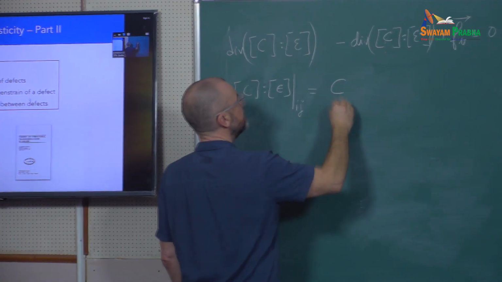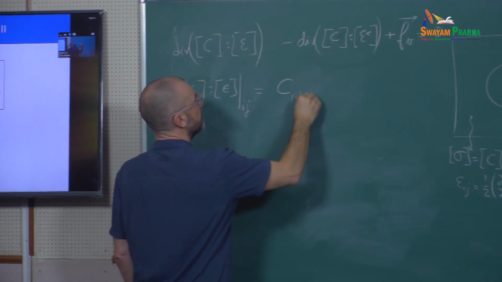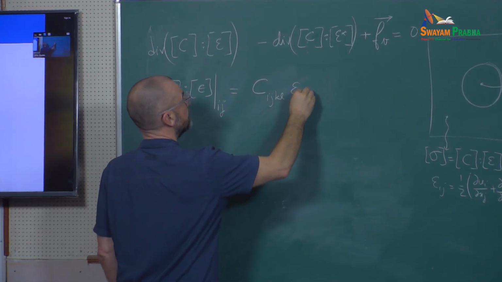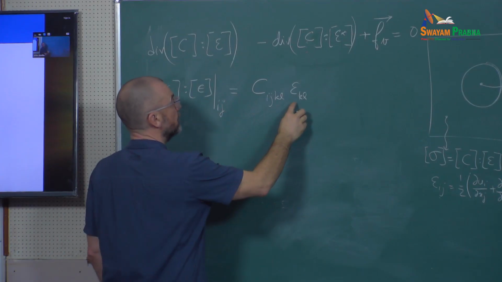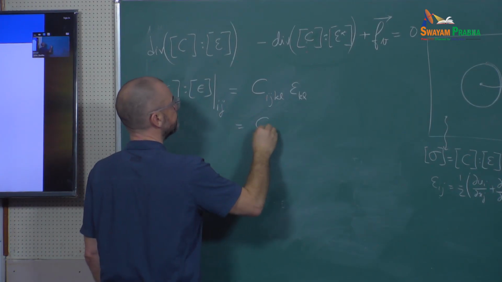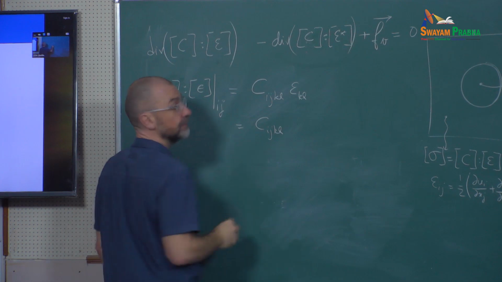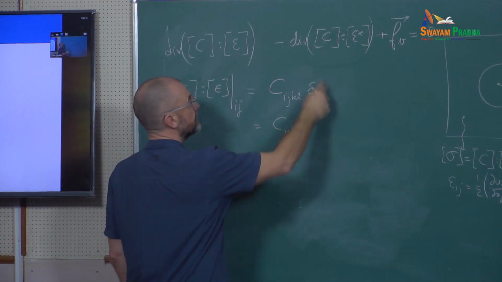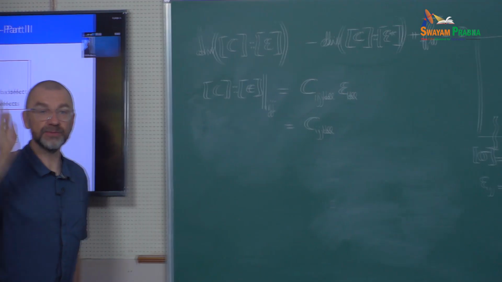So there's a C ijkl, epsilon kl, right? And what is epsilon kl? What's the definition of epsilon kl in terms of displacement field?